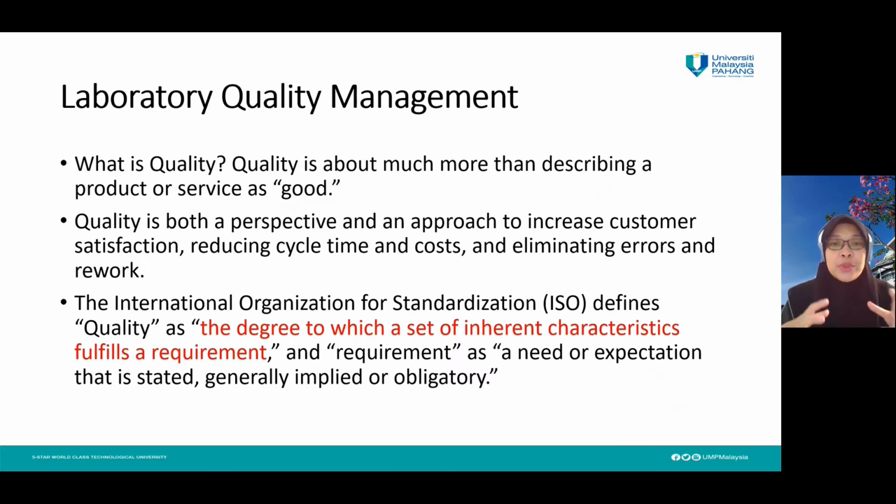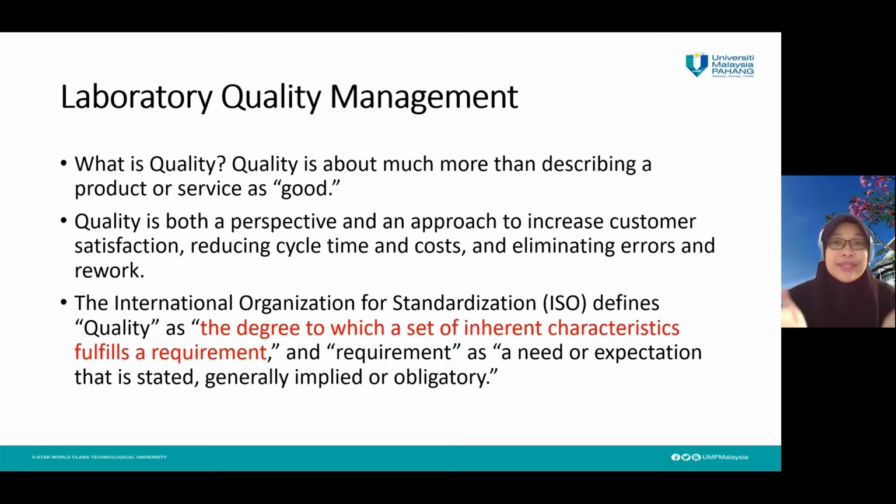So the company tries to increase your satisfaction, and that is also under quality. And then reduce cycle time and cost. If we are talking about product, it can reduce the time and cost to produce that product. It is also one of the quality management requirements.